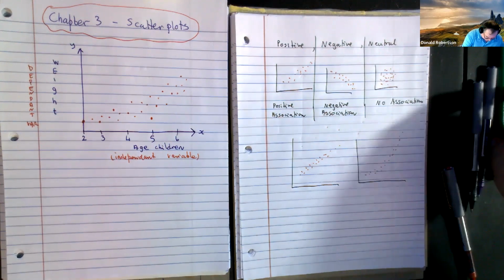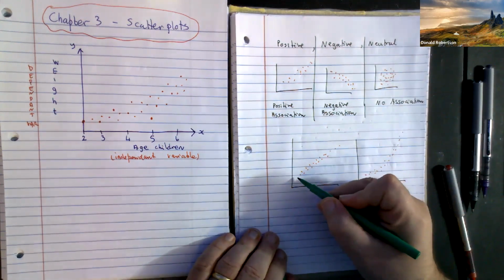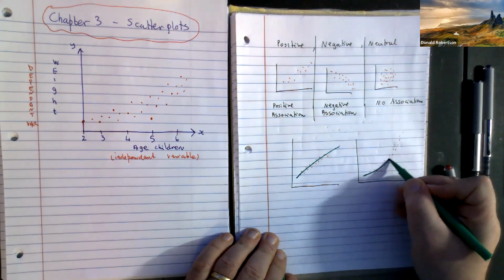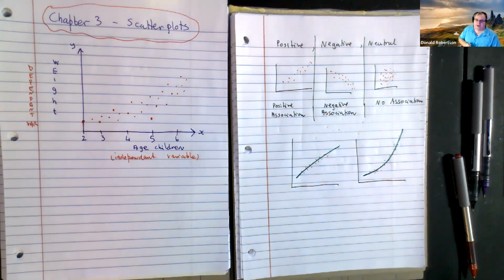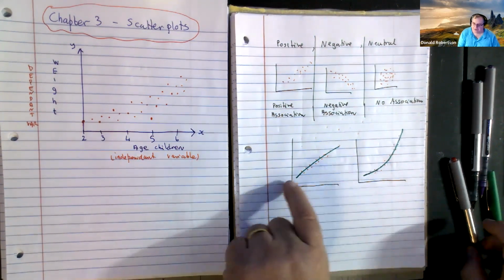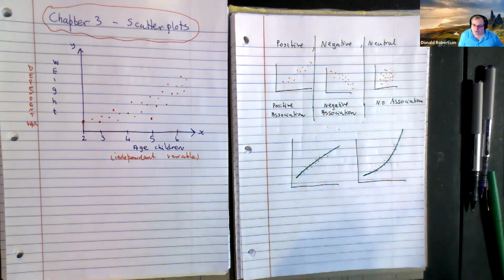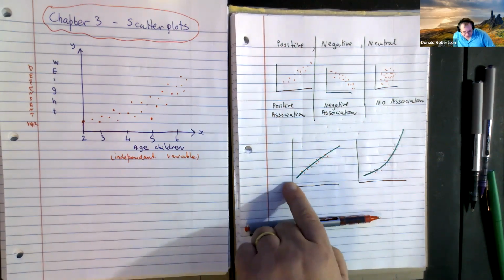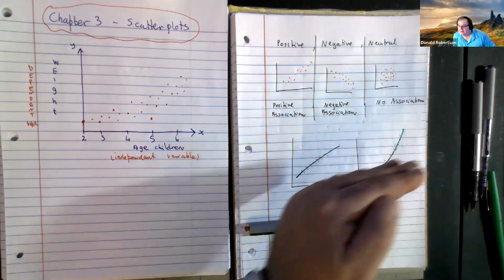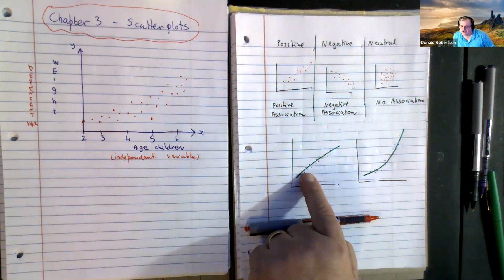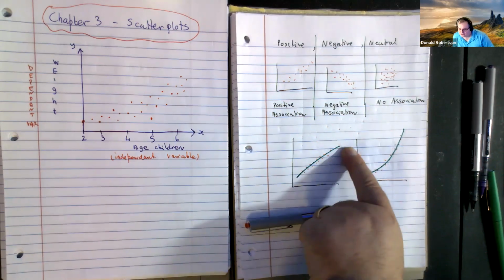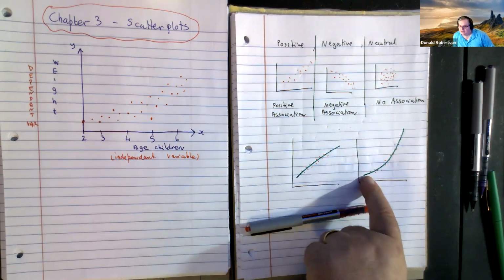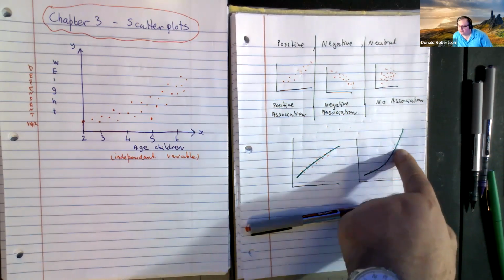Now, I'm going to draw a line through them just to emphasize things. When you look at these two different situations, they are both positive association, because as this X gets bigger, doesn't the Y get bigger, right? You're going uphill. In this case, you're going uphill and it's pretty much a straight line, right? In this case, aren't you going uphill, but it's much more curved.